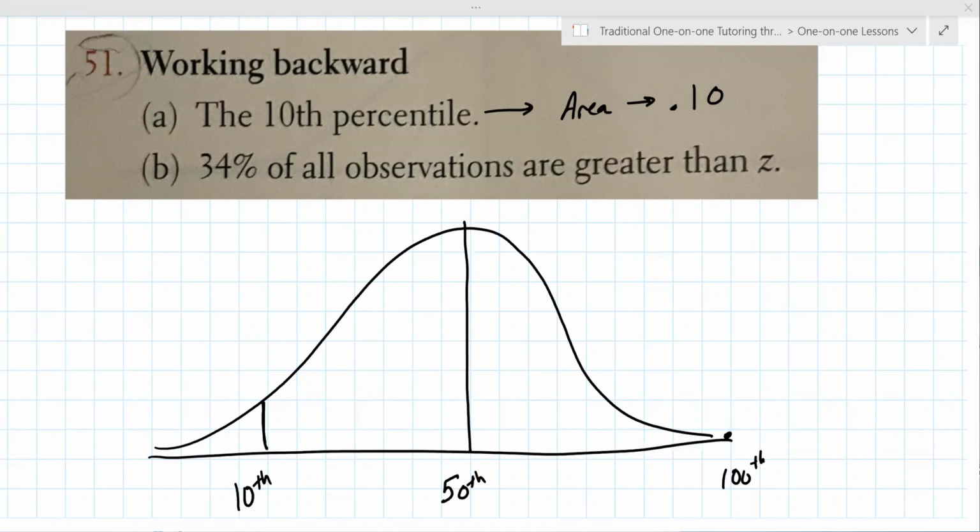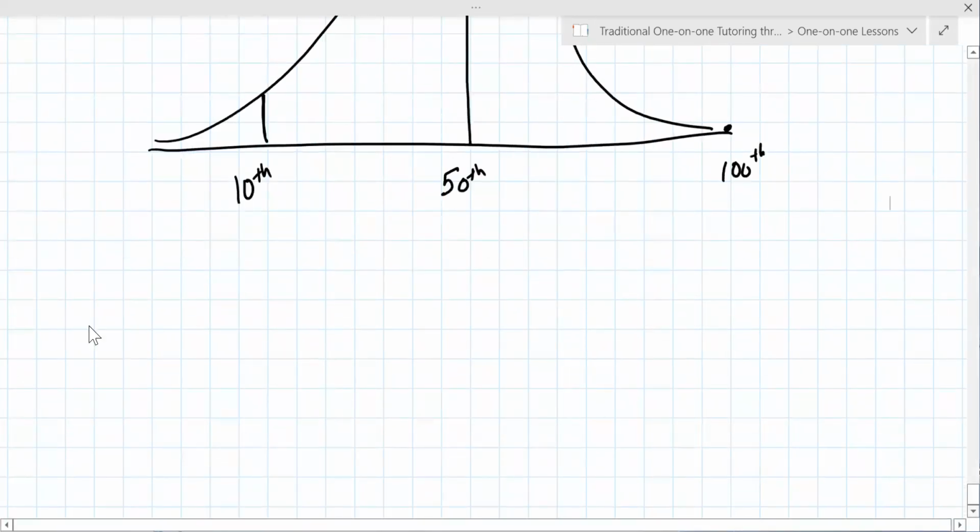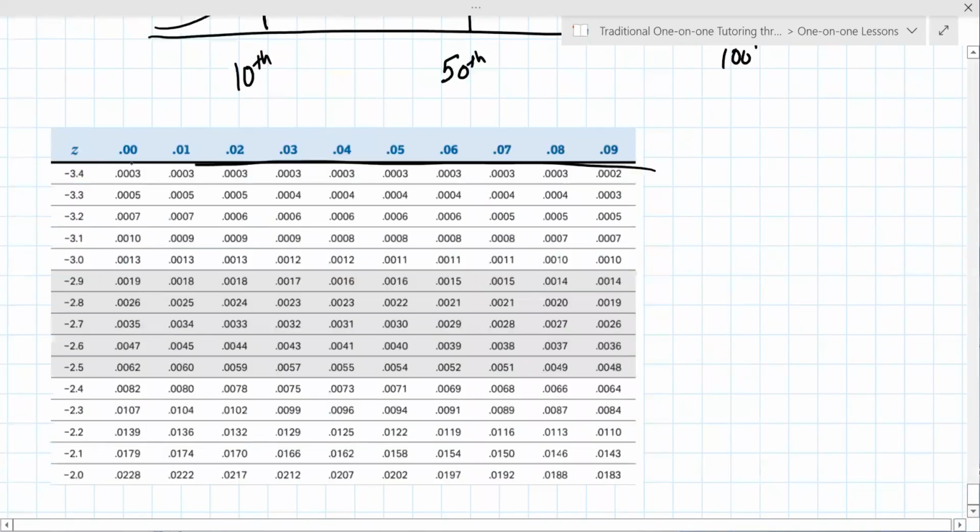Let me pull up my table and snip it in so we can look at it together. You're looking in the interior of the table, not the z value. So you're looking for a number that's really close to 0.1.